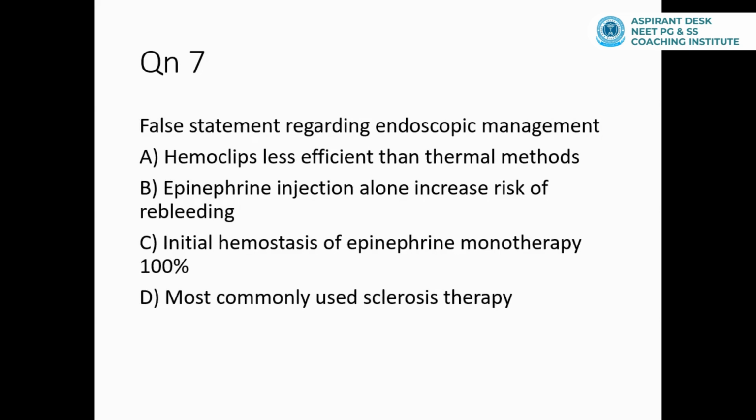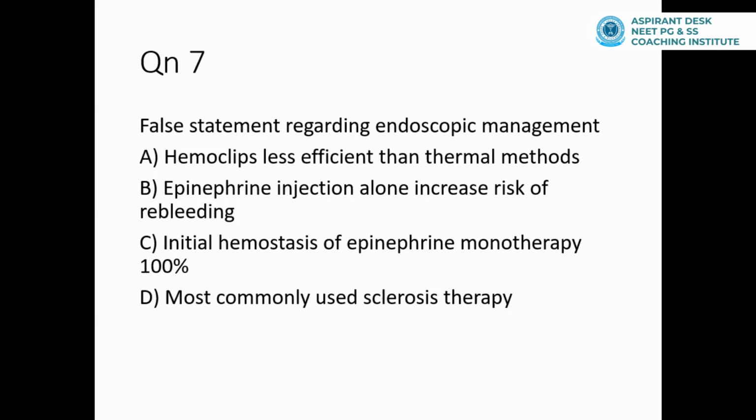sclerosant injection therapy. The false statement is... hemoclips are less efficient than thermal methods is correct. Epinephrine injection alone increases the risk of rebleeding is also correct, because we should utilize other modalities combined with epinephrine injection.